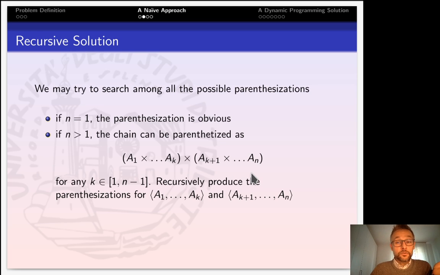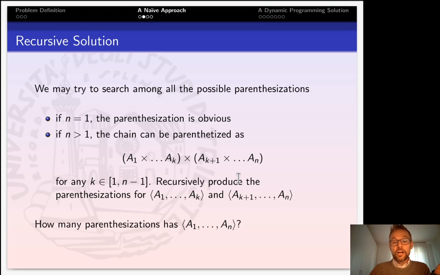This is a way of parenthesizing, and of course this holds for every k. Recursively we may compute the parenthesization for A1 to Ak, and Ak plus 1 to An. In this way we are able to produce all the possible parenthesizations for this chain.